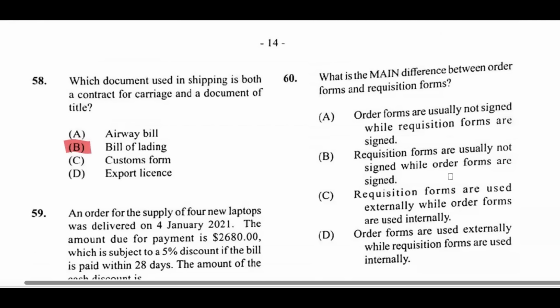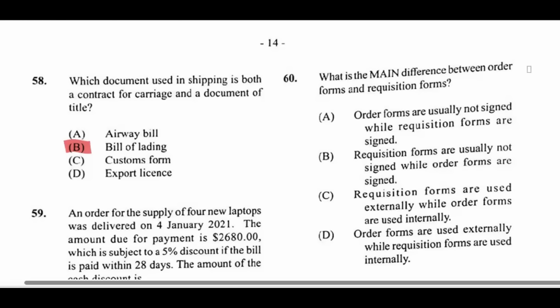Now, this is a repeated question. For order forms, remember the department that orders items is the purchasing department. If the purchasing department receives 2 requisitions, where one requisition says somebody ordered a laptop and the other says somebody ordered an office chair, the purchasing department will source their supplier.